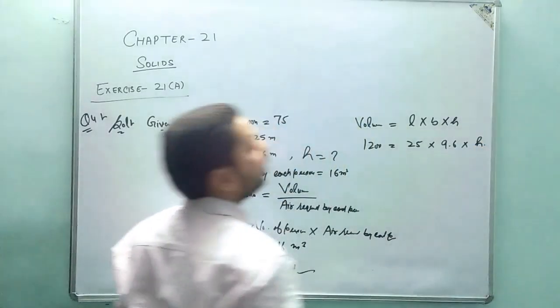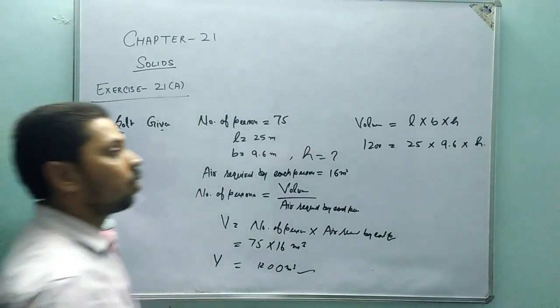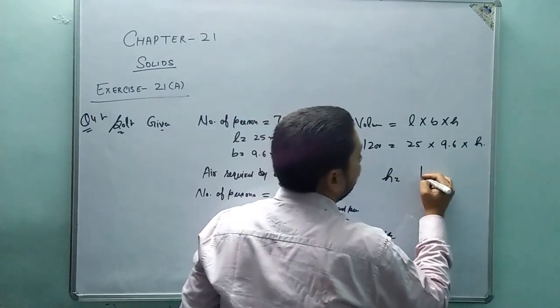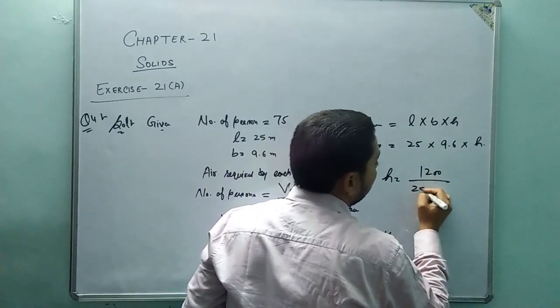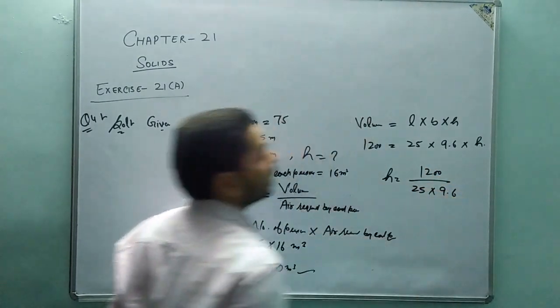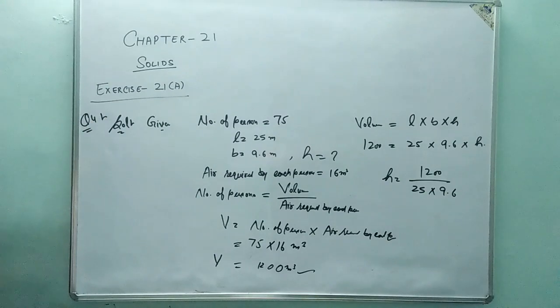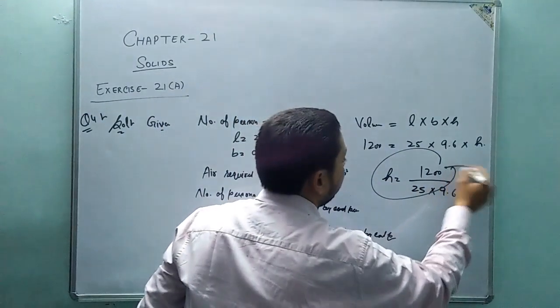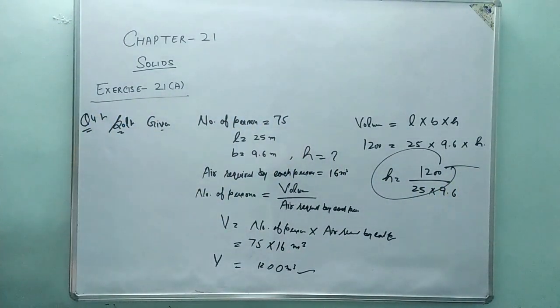Height we do not have, we'll take it as H. So H will be equal to 1200 divided by 25 multiplied by 9.6. Solve this and you will have the answer for the height H.